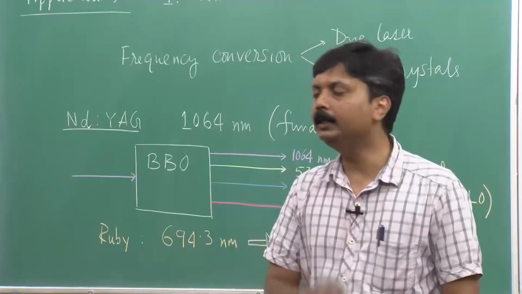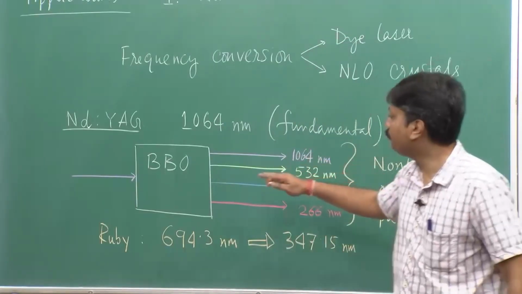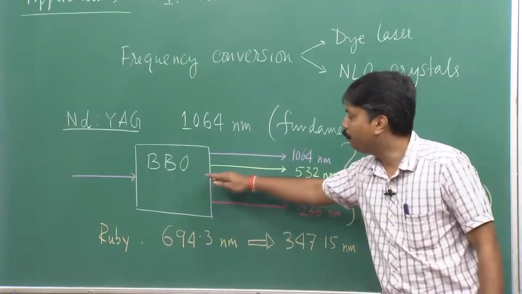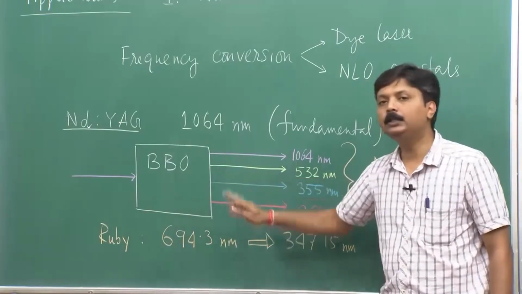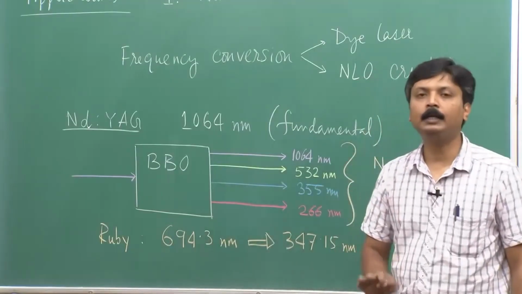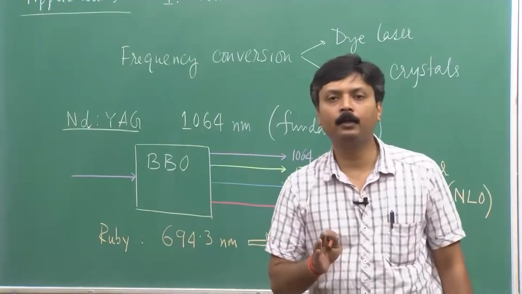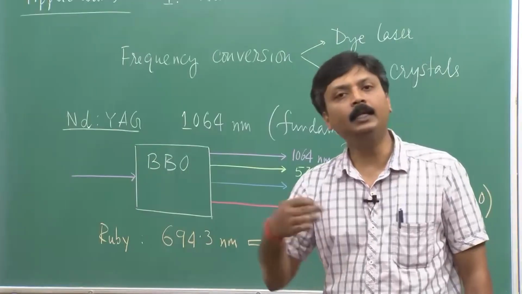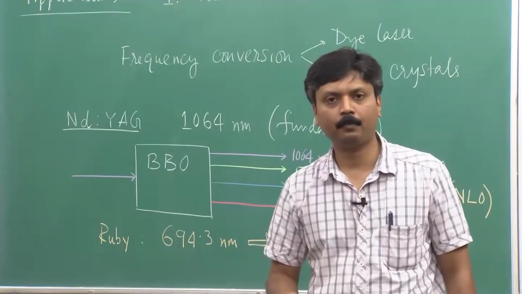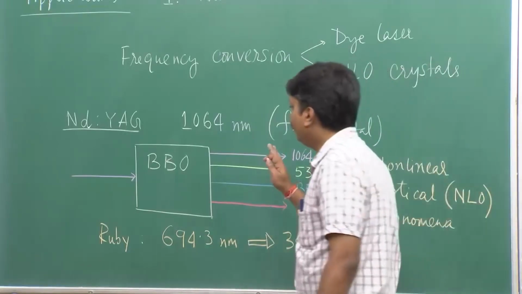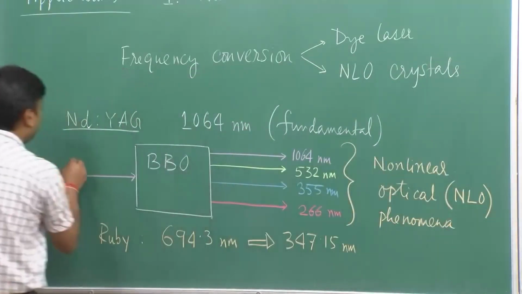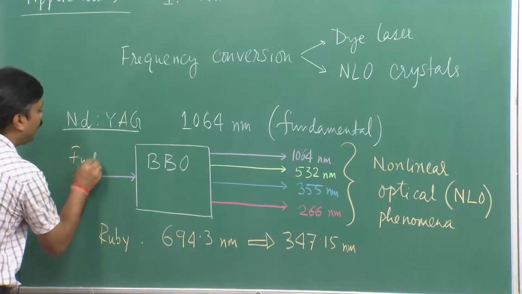What I mean is, the light that comes out from this nonlinear optical medium is coherent, it has directionality, and it still has high intensity. So it possesses all the properties of laser light.